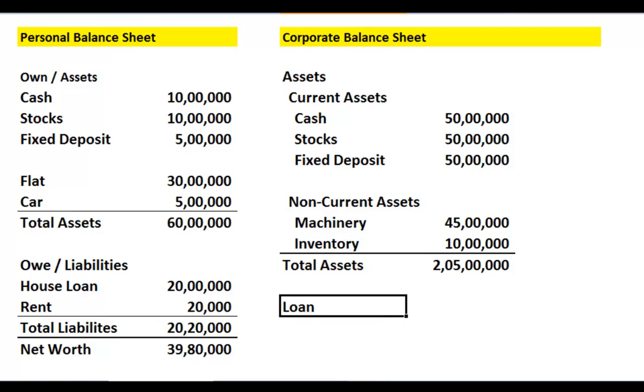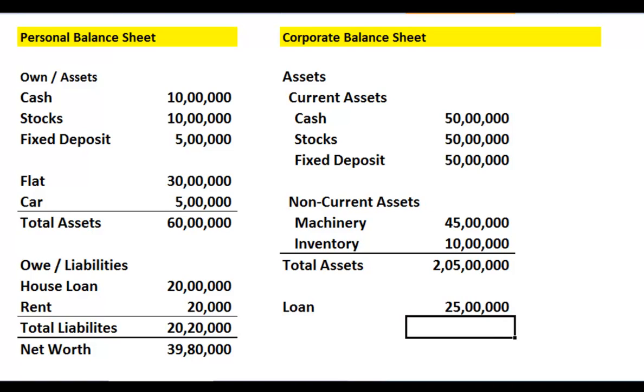which they pay interest. So this company has a loan. Maybe let's say the loan is 25 lakh, a 25 lakh loan by this company. Then let's say the company owes taxes to the government.